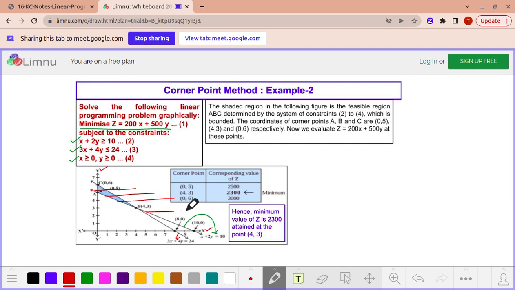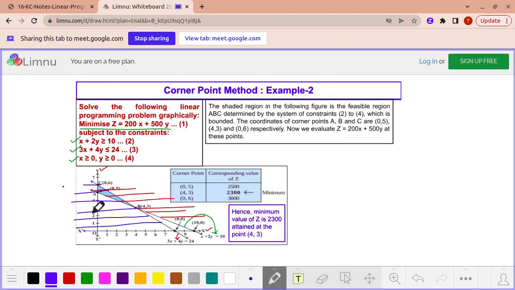Now the next one is 3x plus 4y less than or equal to 24. That means we should consider all the region in the left hand side. This one we will consider. It will be up to this point, like this.